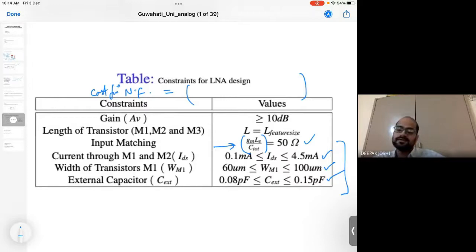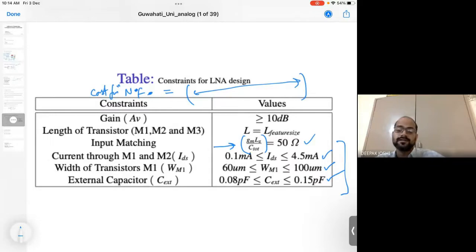This is a type of mathematical representation of a low noise amplifier. I could not incorporate the noise figure expression, but it is quite large, so it is not a good idea to keep it here.